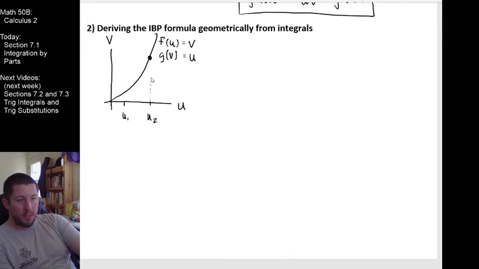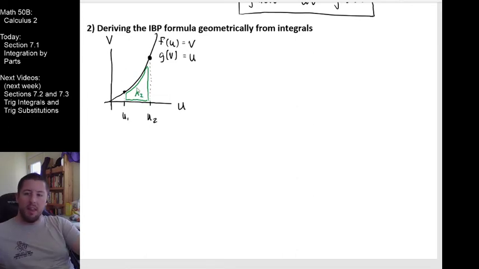What that would do is give us the area in this region right here. I'm going to mark this off here. I want to name this region so that we can talk about its relationship with some other regions. I'm going to call it A2, just because the region above it is going to be A1, and then I've got A1 and A2 in order.